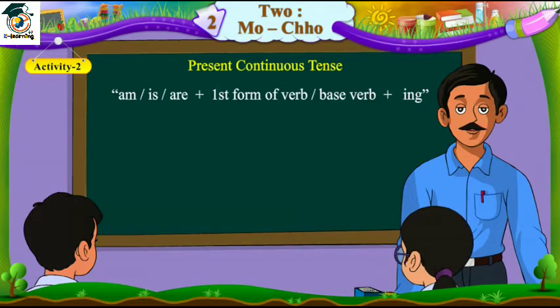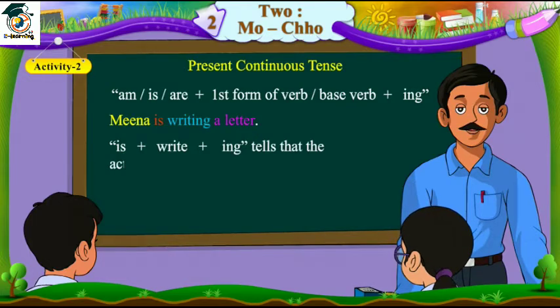For example, Meena is writing a letter. Is plus write plus ing tells that the action of writing a letter is still in progress.